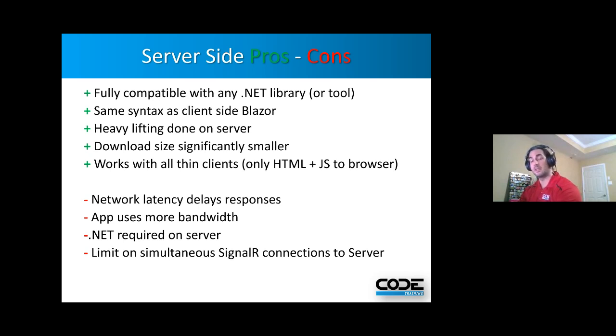The simultaneous connections that you can have to your server, however, can be a problem. That is due to the fact that SignalR only supports so many concurrent parallel connections to the server. So every server has to serve everyone that addresses it. Every client that serves that page up needs to be served through that SignalR connection, and that SignalR connection has its limits.